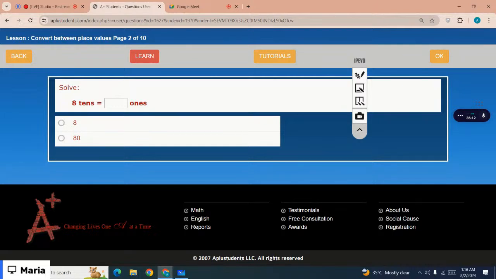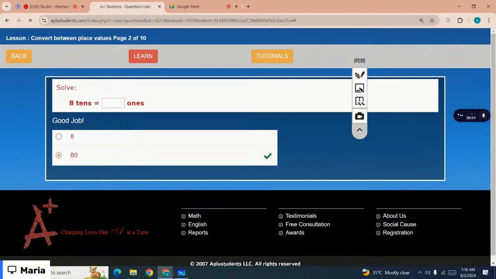The correct option is 80. 8 tens means 80, that means you have 80 ones. The correct option is 80 ones. Very good.